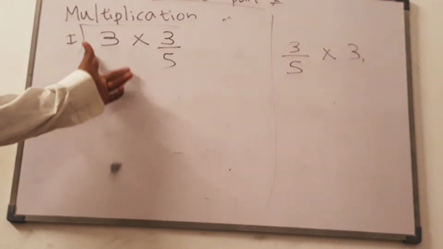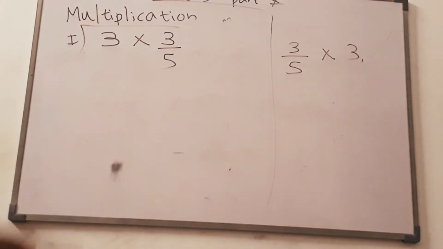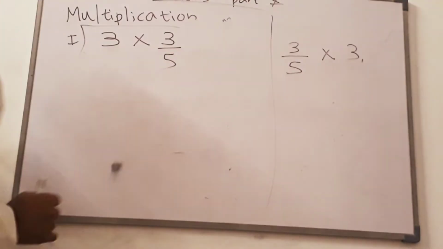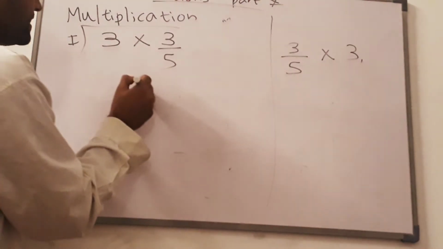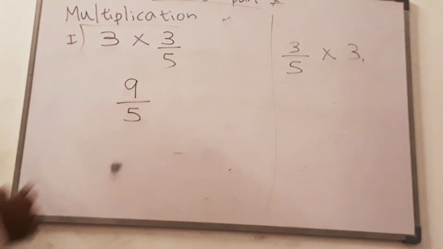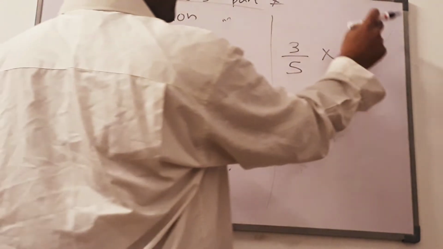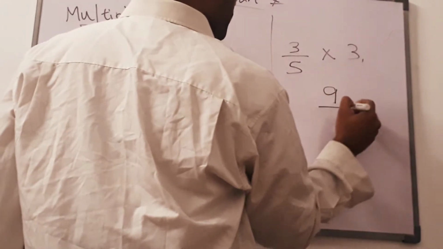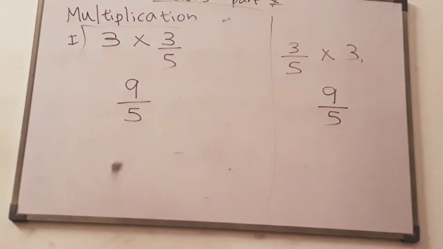If we can't simplify 3 and 5, we multiply 3 with the numerator. Hence we get 3 times 3, 9 over 5. Here also 3 times 3 means 9 over 5.